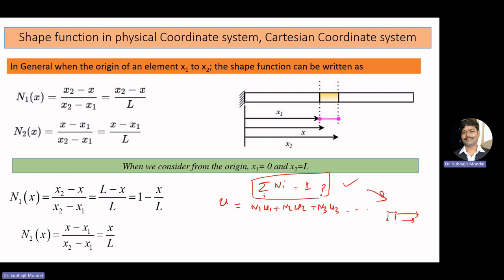Okay, now here you just consider one simple example where we have the rigid body motion. That means u1 equal to u2 equal to u3, that may be a constant value c.